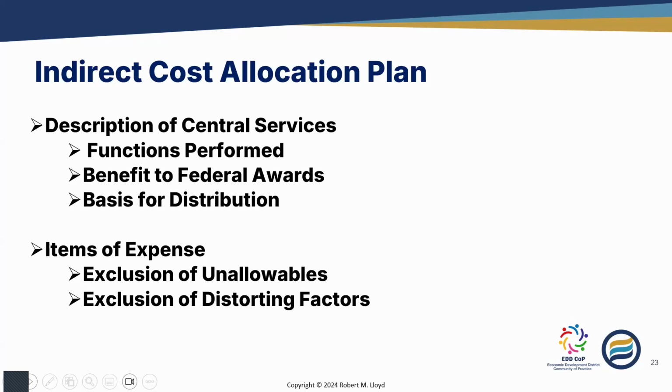The items of expense that go into the plan involve exclusion of unallowables and exclusion of distorting factors.